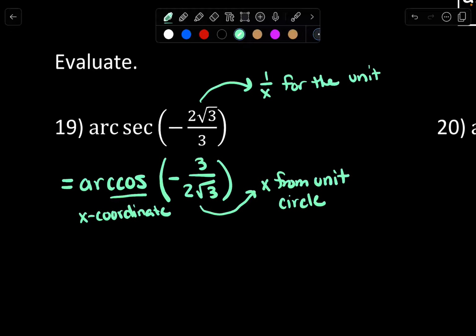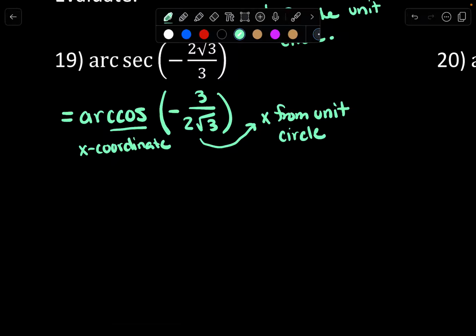And this is why we switch back to arc cosine, because thinking about 1 over x on the unit circle requires a little bit more manipulation. We want to try and minimize the manipulation, okay? Especially because there's already so many moving parts. Make it easier for yourself. So this is 1 over x from the unit circle.